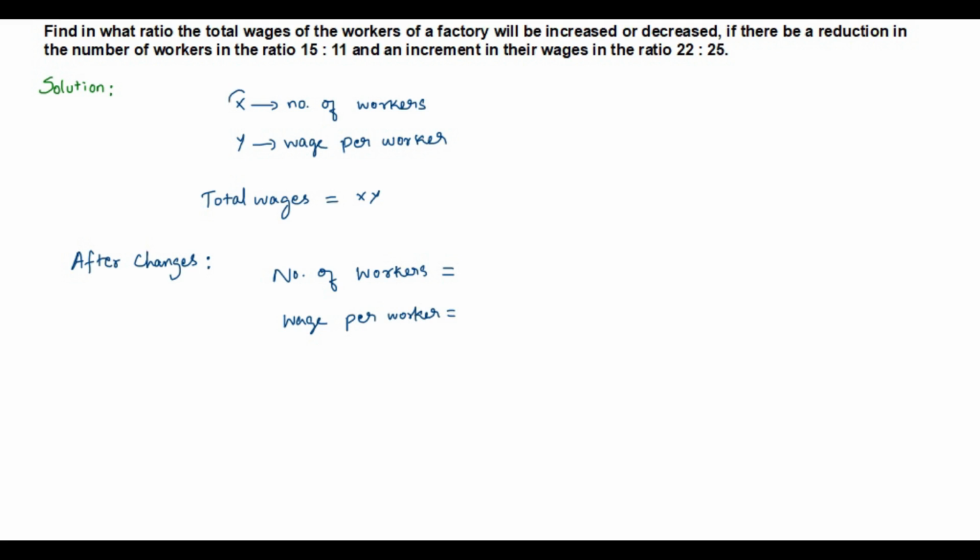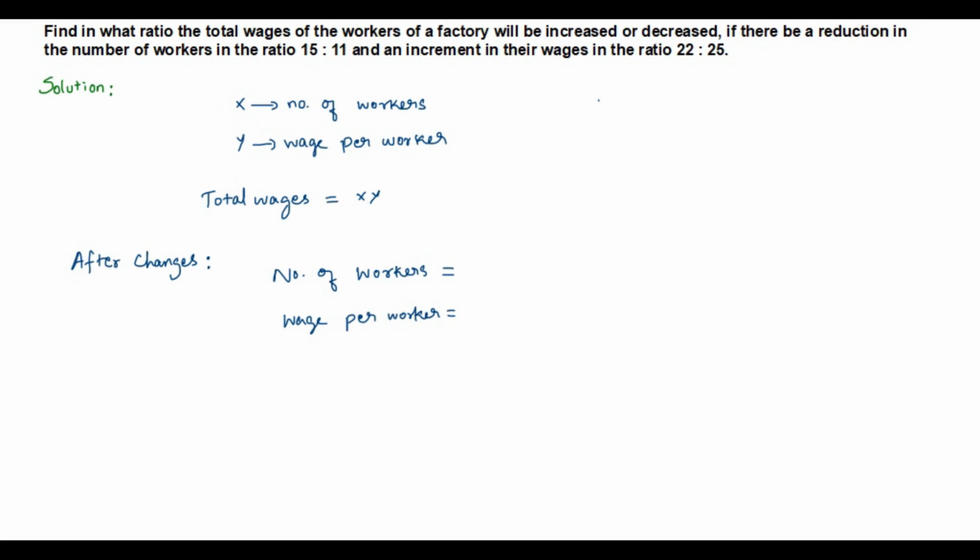Already there are X number of workers. This X number of workers is going to be reduced in the ratio 15:11. After X number of workers is reduced in the ratio 15:11, how many workers will be in the factory? So here the quantity X is going to be reduced in the ratio 15:11. After reduction, what is the new quantity?